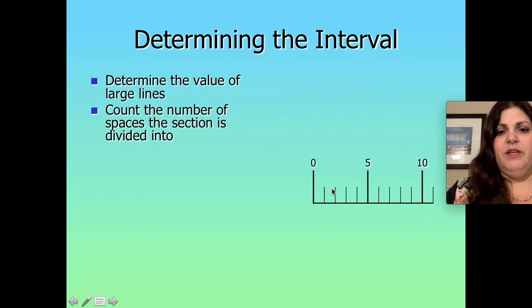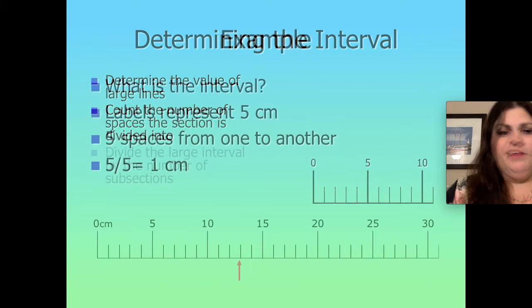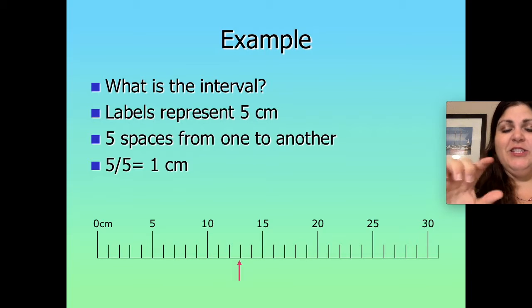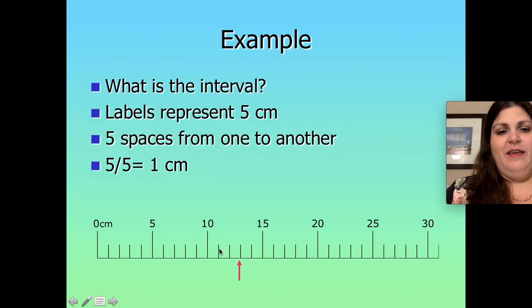So for example, if we look at this, of course the value between 0 and 5 is 5. And although there's only 4 lines between them, there are 1, 2, 3, 4, 5 spaces. In other words, I'm dividing that chunk of distance into 5 pieces, so naturally each line is 1. If we try to figure out what that arrow represents, if each little line is 1 and this line is 10, you have 1, 2, 3, so that line is representing 13.